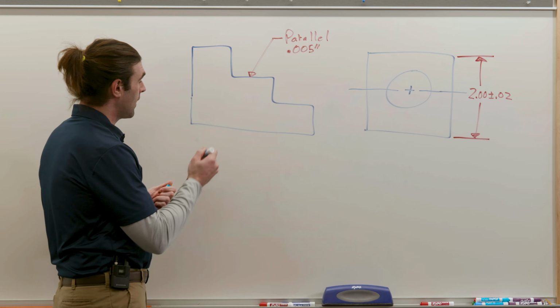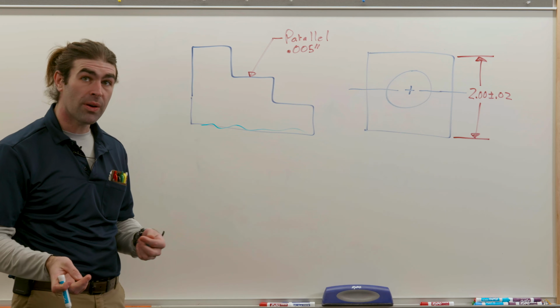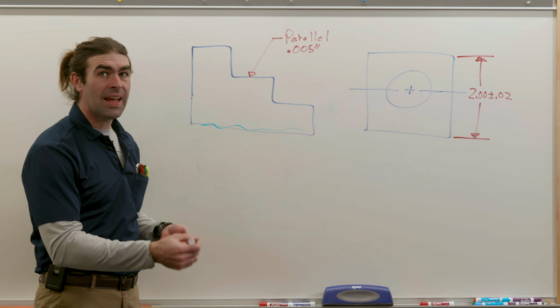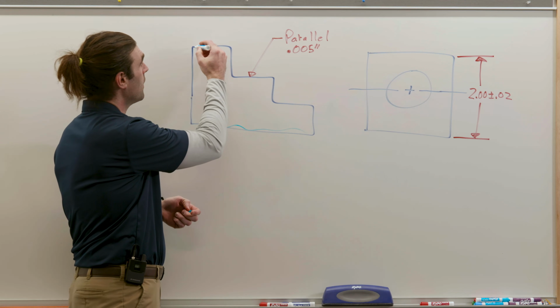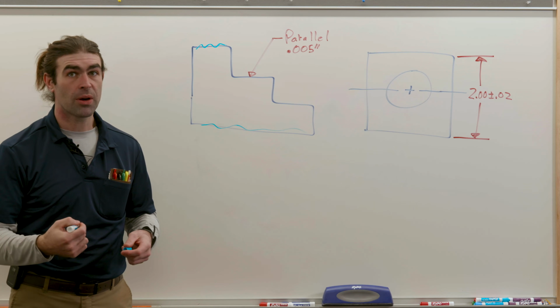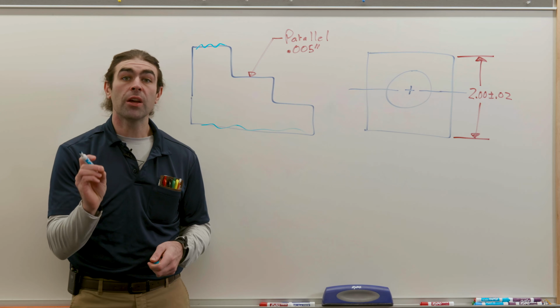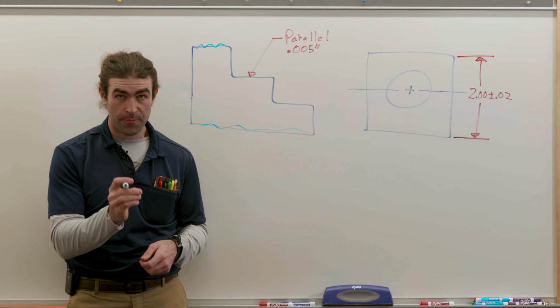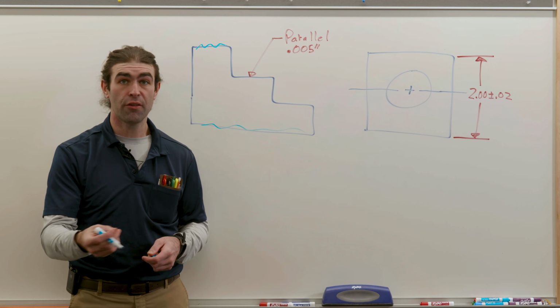You might say, duh, it's this large surface down here, and you'd probably be correct. But somebody else could say, hey, I know how this part functions. It actually fits upside down. That surface is supposed to be parallel to that surface, right? So what datums do is specify exactly which surface something is supposed to be oriented to or located from.